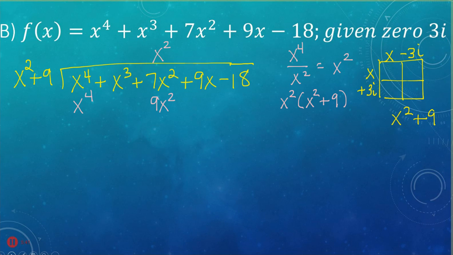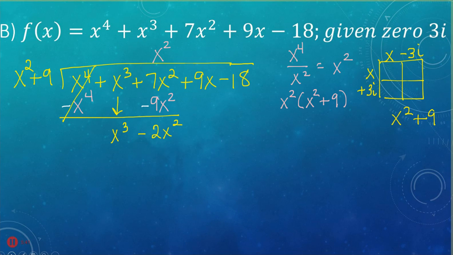And now we need to subtract that. So I'm going to take both of my terms and change the sign. So this one will become a minus, and this one becomes a minus. This cancels. So I'm going to bring down my x cubed now. And I'm going to add my like terms. And I'm ready to repeat.